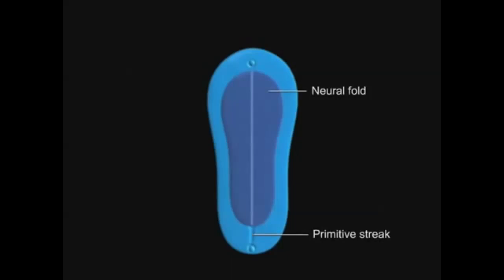And we can declare that from this period, from 20 days of intrauterine period, the human person has bilateral symmetry. From this moment, from the 20th day of intrauterine period.